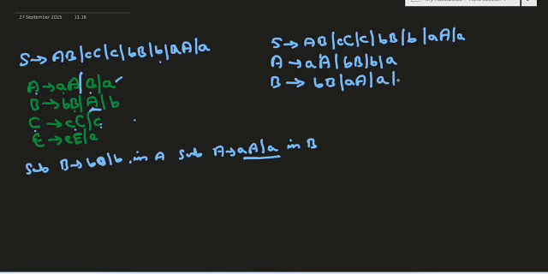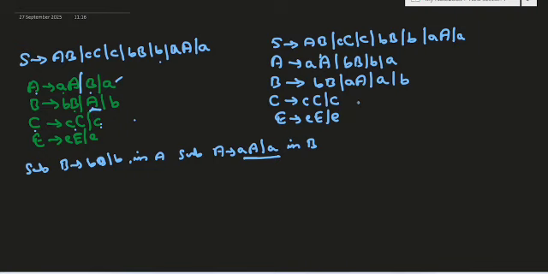Okay, and what is remaining here? B is remaining. Now we have converted A and B, so remaining is actually C. C does not have any unit production here. So C tends to small c, and C tends to C, small c again. And E tends to small e, capital E, and small e.